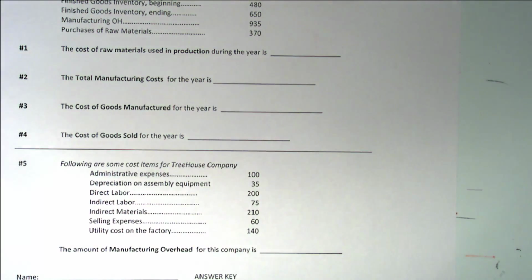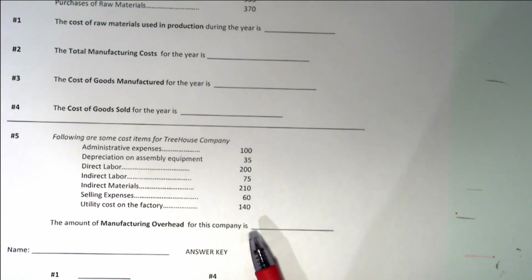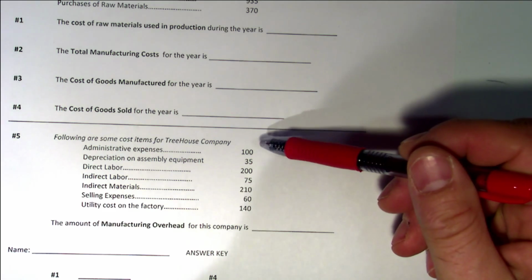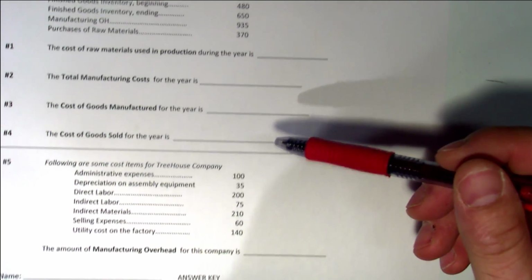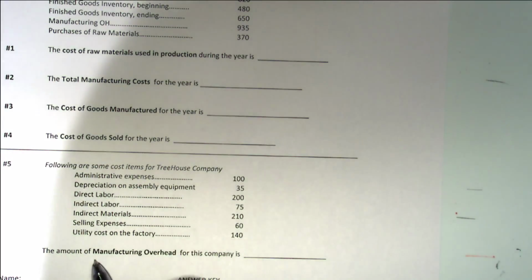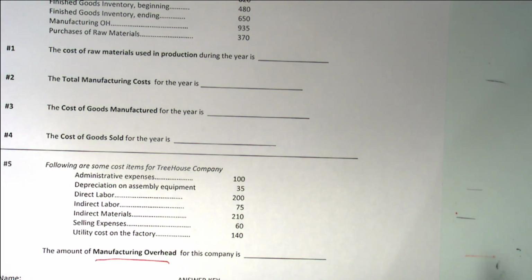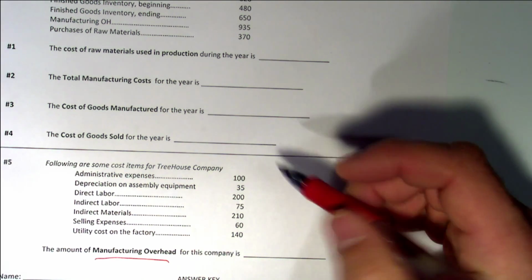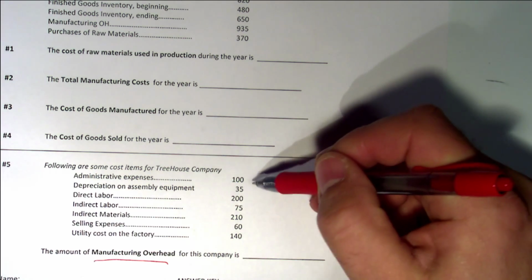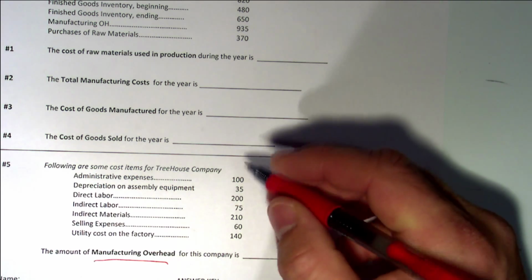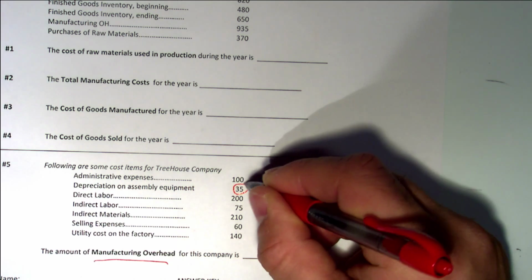Let's take a look at the last one on the Elmo. What I wanted you to do here was some items are listed for Treehouse Company. What is the amount of manufacturing overhead for this company? Well, let's circle the things that are MOH. Administrative expense? No. Depreciation on assembly equipment? Yes.